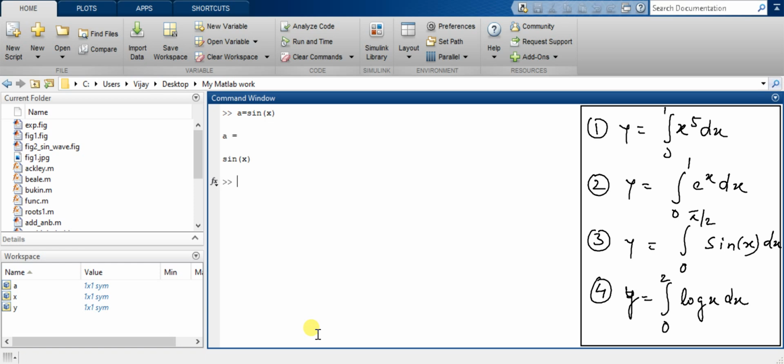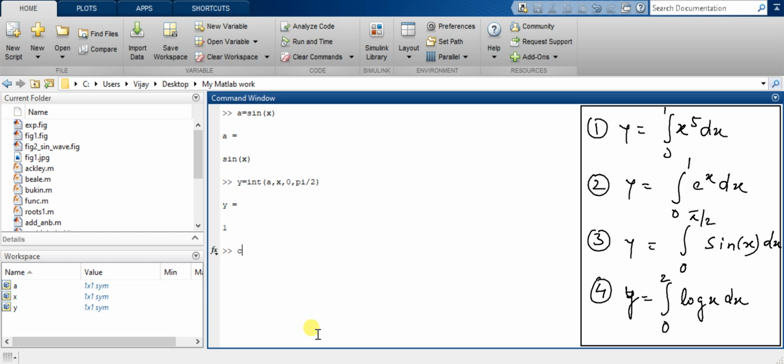A will store sine x. Now y will store the integration of this particular expression a with respect to x and the lower and upper limit. The lower limit is 0 and the upper limit is pi by 2. When you hit enter, this will give you the result 1.